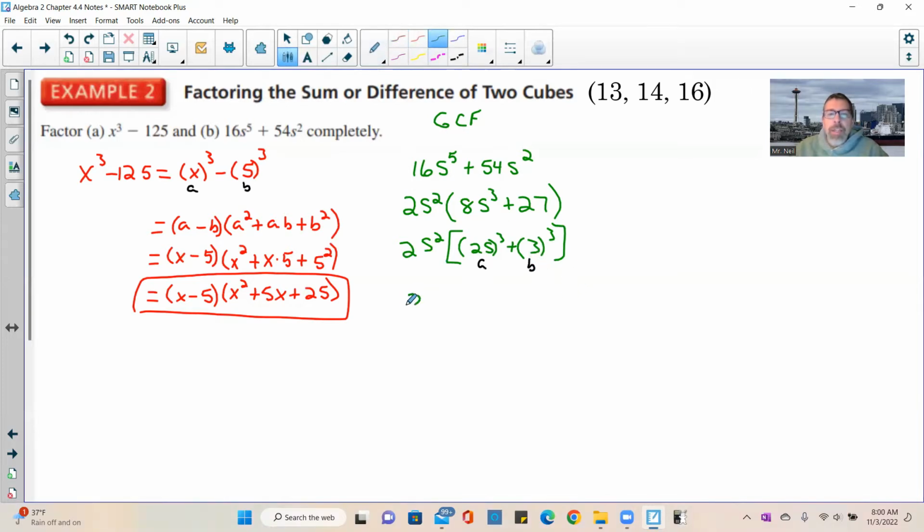All right, so then we'd say, okay, well then that is 2s squared times, and remember, in this case it is the sum of cubes, so it's going to be plus, so I'm going to write that first. We have an a plus b times a squared minus, because these signs are always opposite, a times b, and it's always plus b squared at the end for both of them.